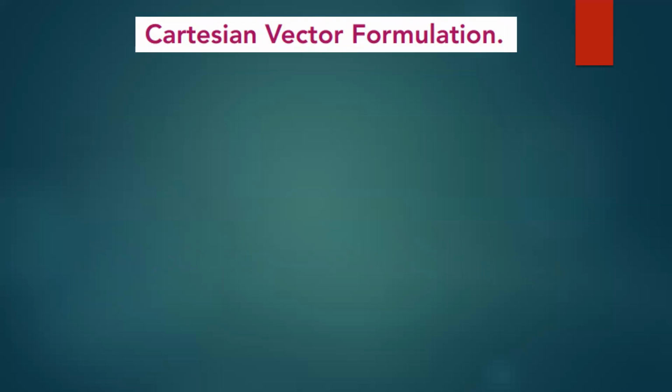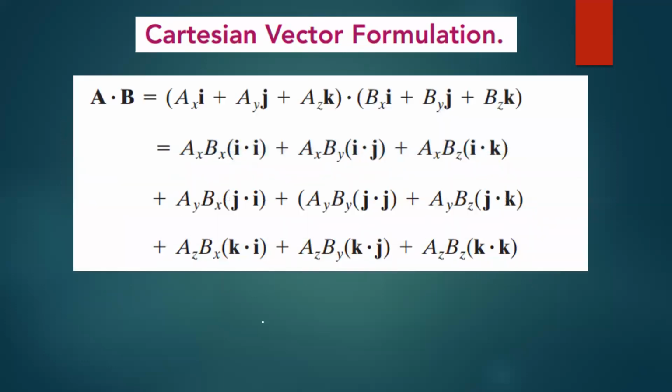So how do we formulate this in Cartesian form? I've explained this, though I didn't follow the whole procedure. One thing you have to understand is that i times i is 1, i times j is 0, i times k is 0, j times k is 0, so we get 1, 0, 0, 0, 1.